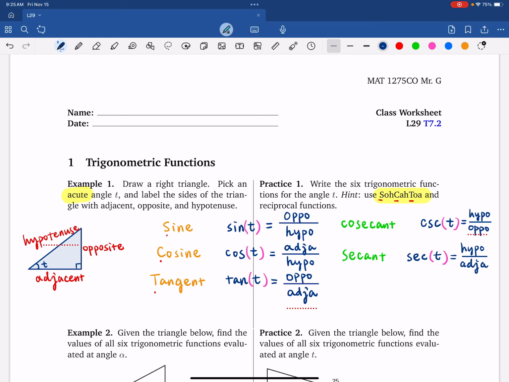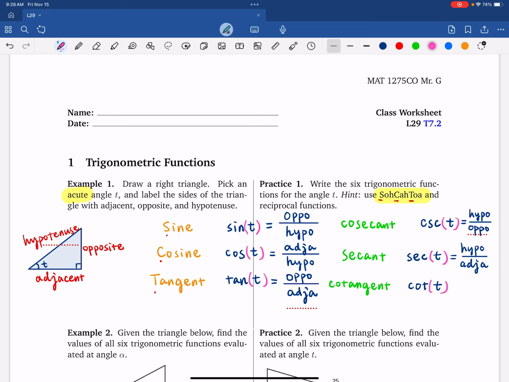Okay, next one is the reciprocal of tangent. The reciprocal of tangent is called cotangent. Let's write down the name. And for the function name, you could use the first three letters, COT of t. And notice that the parentheses here are very useful, because otherwise you're going to have COTT.